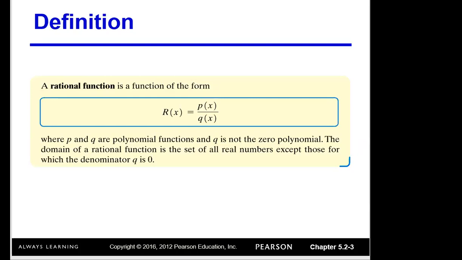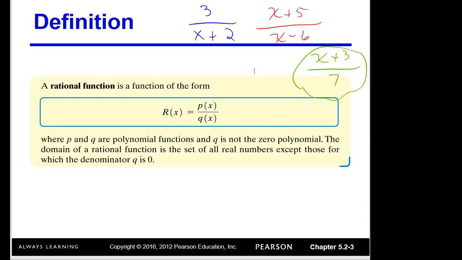So you could have like 3 over x plus 2, or you could have x plus 5 over x minus 6. But you can't have x plus 3 over 7.